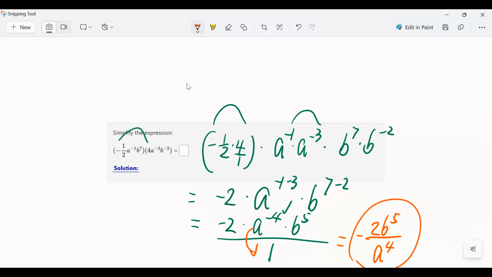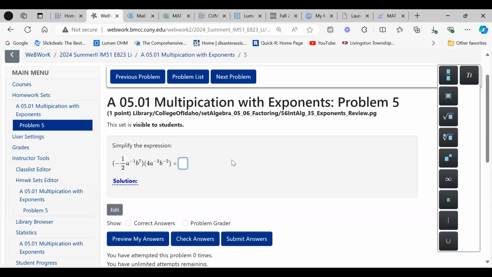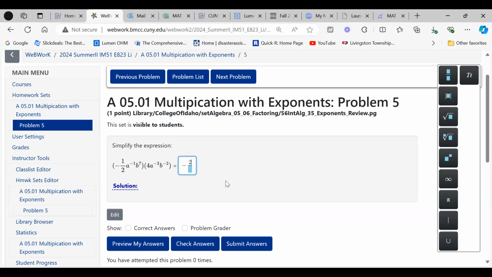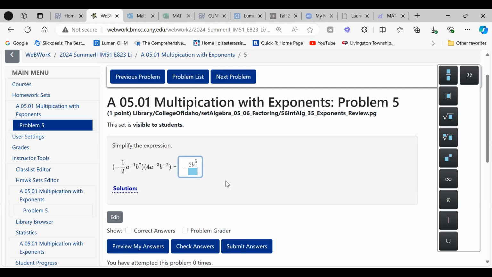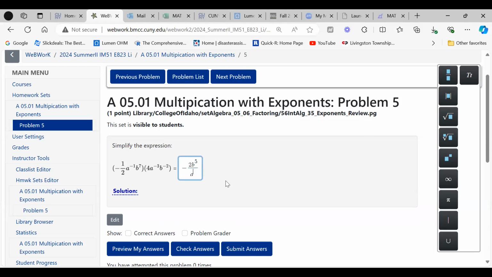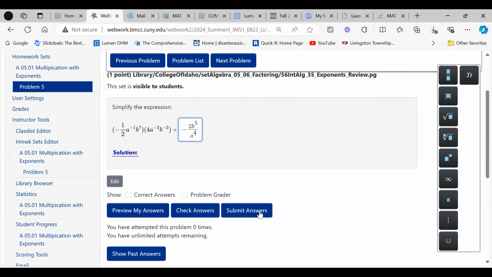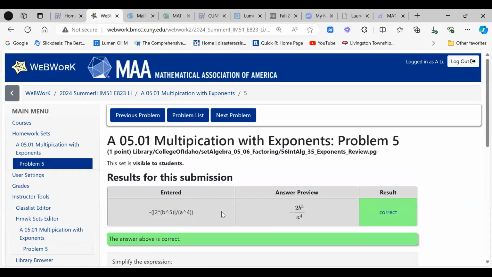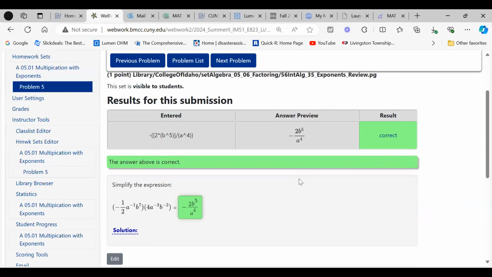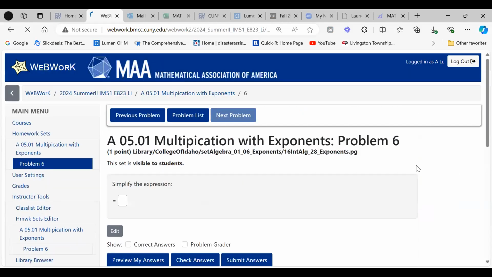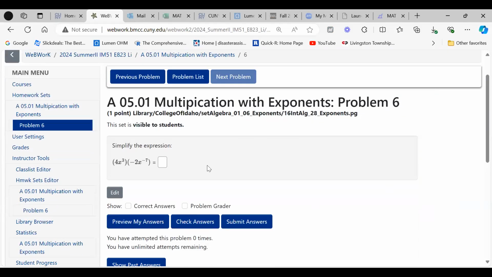So it's negative 2b to the 5th over a to the 4th. Any questions about this? Submit answers. That's the perfect answer. Yeah, try this one, right?